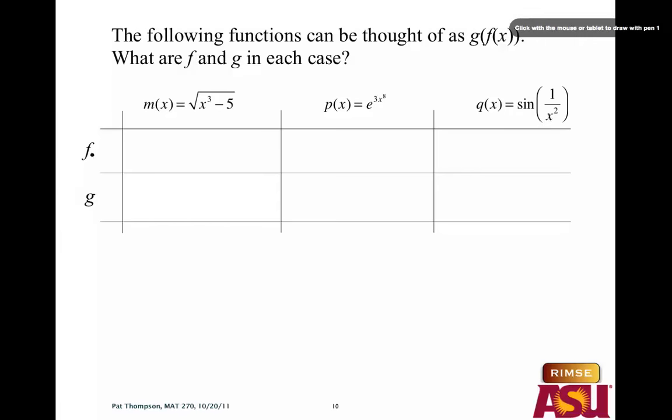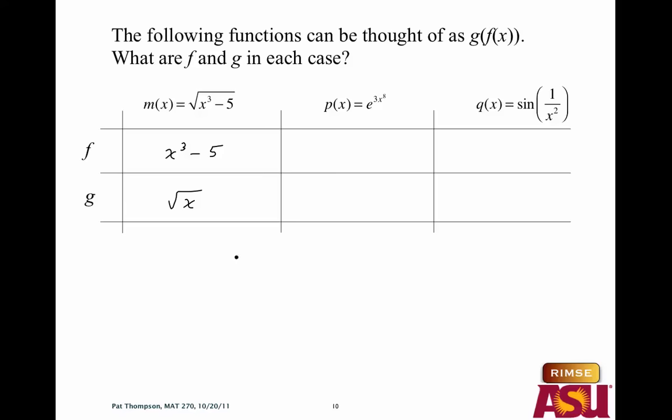What would the interior function f be? x cubed minus 5. Do you see that that is an interior function? And what exterior function creates m? Square root of x. So do you see that if f was the independent quantity for g, you would get the function m?